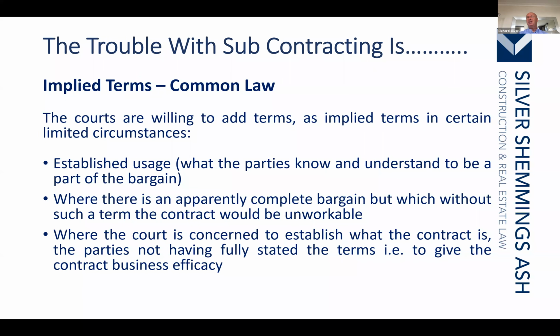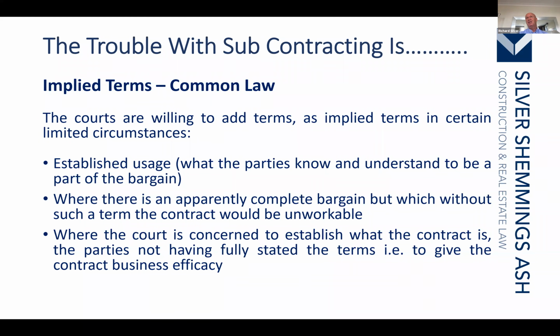But they won't be imported where there has been a bad bargain or where the court simply cannot establish what should be imported. So if I ask you to carry out certain works, but I have not agreed what you are to carry out, the courts can't imply a term as to what you are to carry out. So there is no contract.